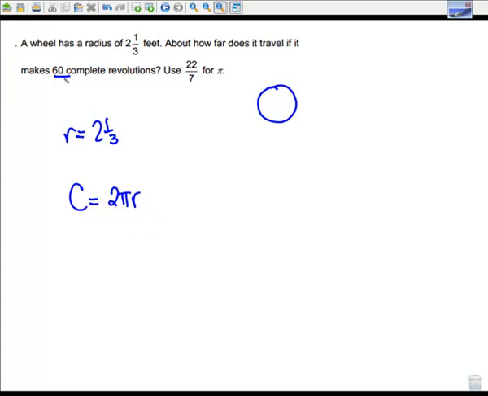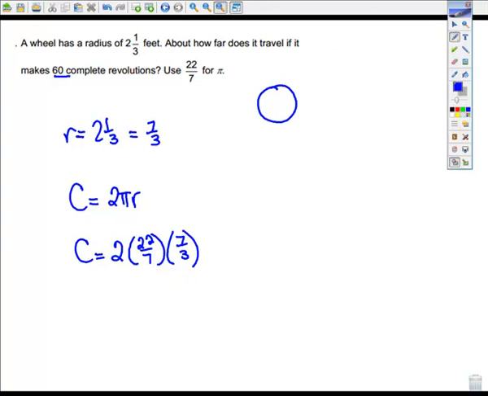I'm going to end up doing 60 revolutions, so we'll use the 60 in a little bit. And they're asking us now to use 22/7 for pi. So I have circumference is 2 times 22/7 times, don't forget when you multiply and you have a mixed number, you actually change it to an improper fraction. 3 times 2 is 6 plus 1 is 7, so this is 7/3. So I will use 7/3.